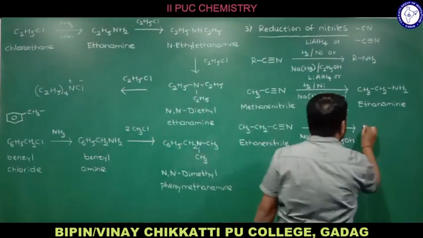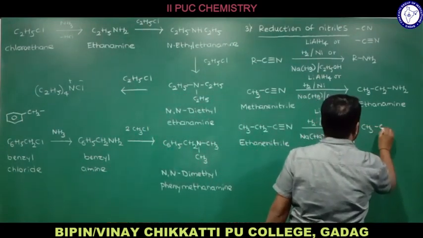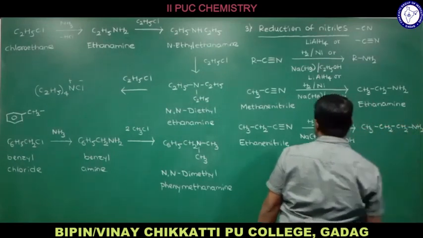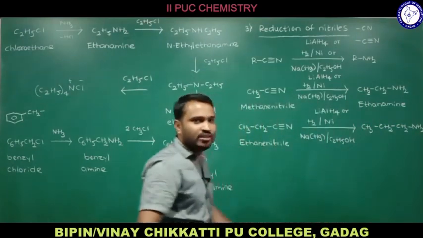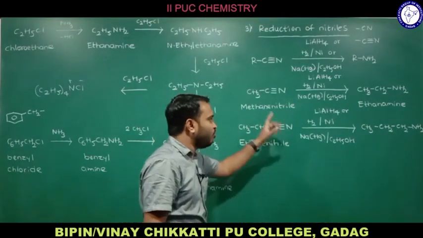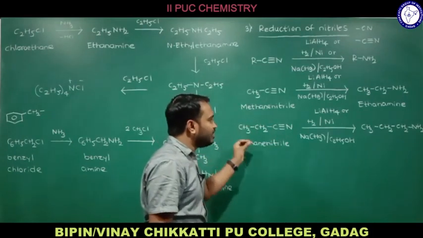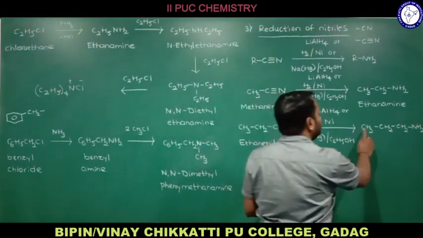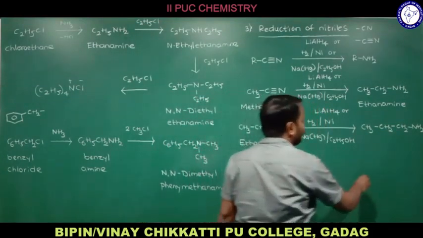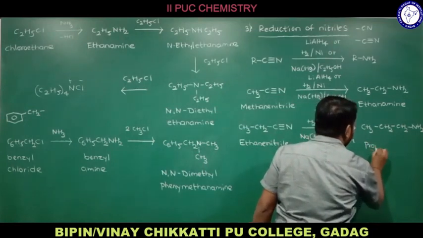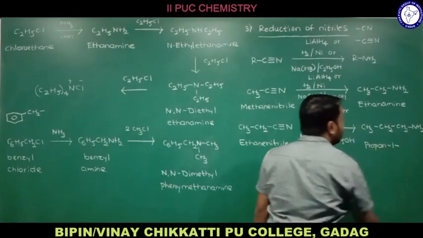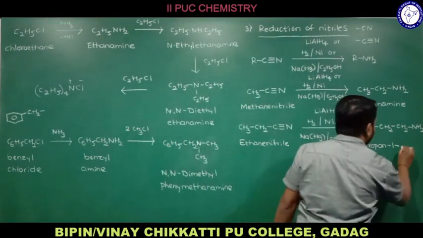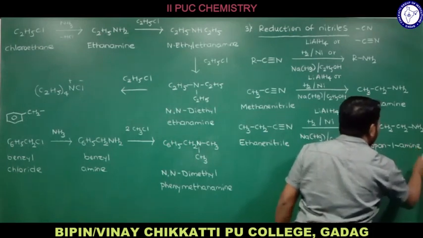Since carbon triple bond nitrogen is unsaturated, one bond breaks when hydrogen is added; similarly, the triple bond is converted into that kind of amine. Since we have 3 carbons, the IUPAC name of this compound is propanamine. In the case of prop, we can have a straight or branched chain; this is a straight one, therefore I consider prop-1-amine, or propylamine.